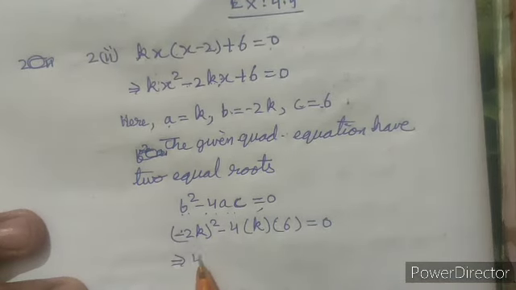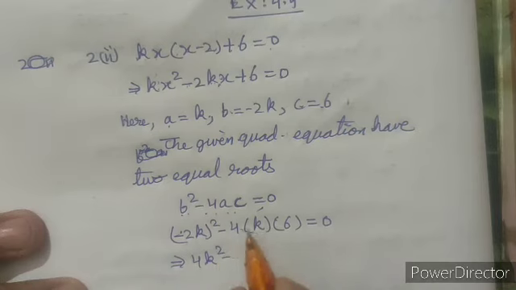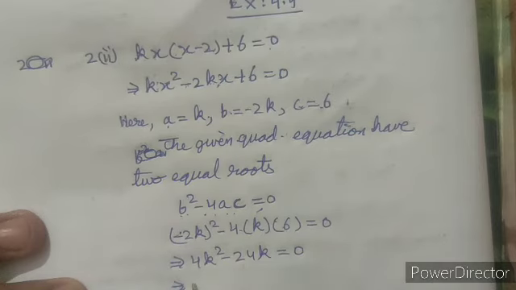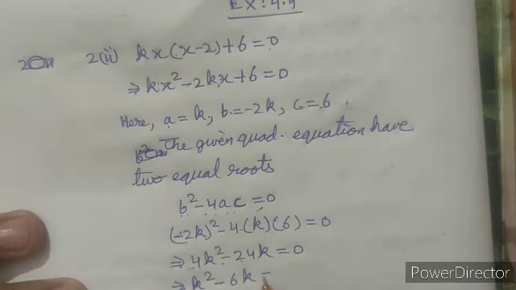And that will be 4k square minus 24k equal to 0. Now here we can divide the whole equation by 4, and this will give us k square minus 6k equal to 0.